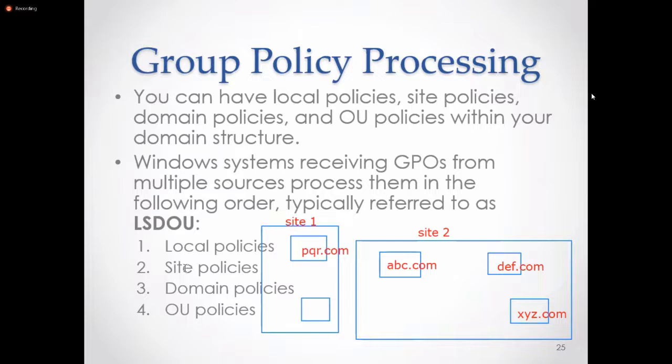So first local policies, then site-wide policies, then domain policies, and then inside the domain we have OUs, right? So then the OU policies will apply separately to those OUs, right? Yeah, so this is the order in which it happens.